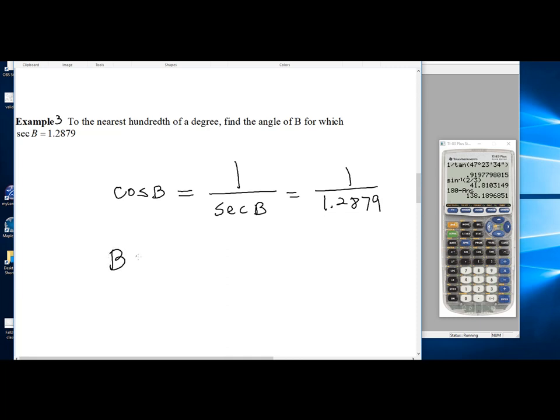Now the option called cosine inverse function gives you the angle measure B. So you go to second cosine and enter 1 divided by 1.2879. And this is going to give you the reference angle B.